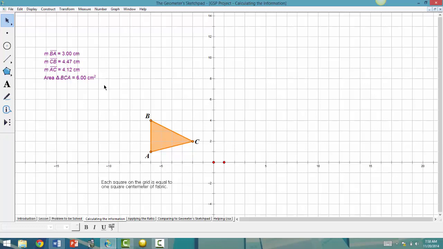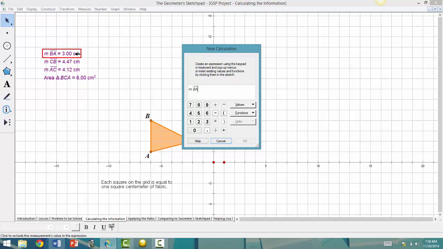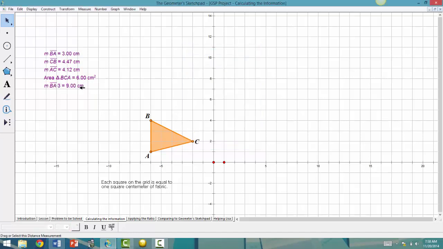So now we want to calculate what the side lengths of our new triangle will be when we apply the 3-to-1 ratio. To do this, we're going to click number, calculate, and we're going to click the side length of BA, and we're going to multiply this by 3. And this will give us what side length B prime A prime will be on our new triangle.